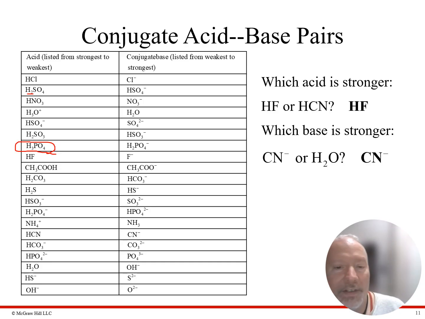Well, this protonated cyano group, HCN, versus this HF. Well, we know HF is a weak acid, but it's stronger than HCN, and we can determine that with values and numbers.